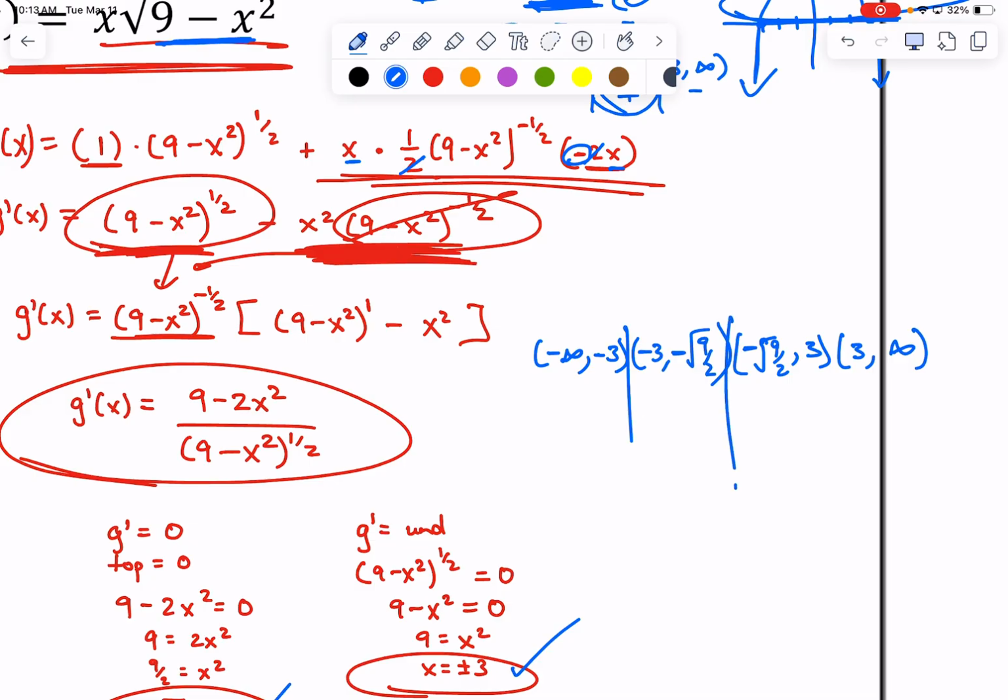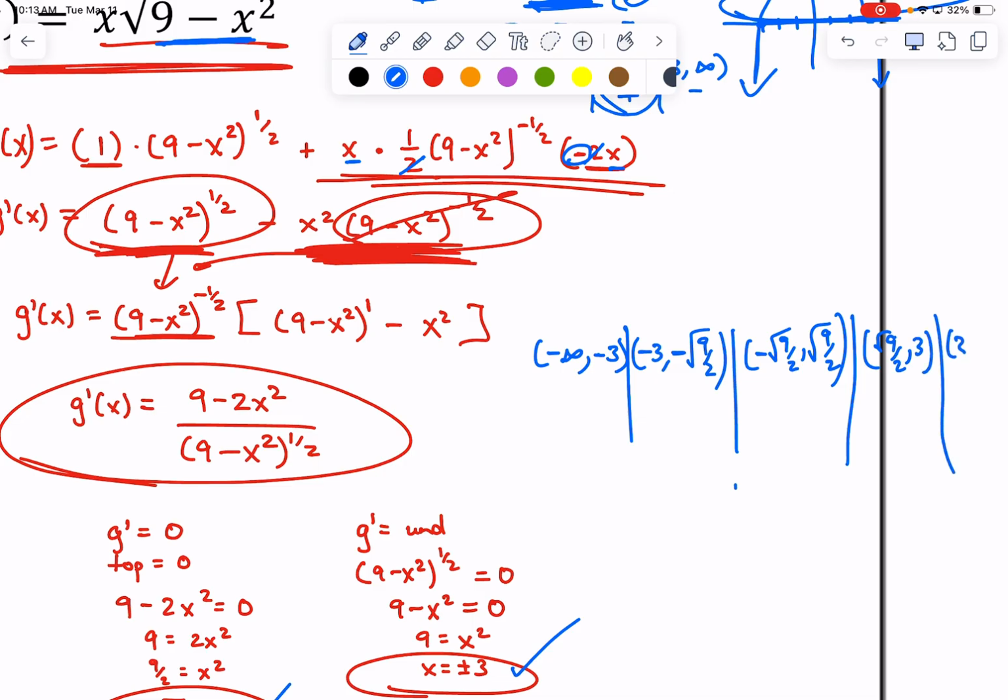Oh, I missed it. See, I was asking you guys. You guys didn't help me. All right, here we go. I missed one. So root 9 halves to what? Positive root 9 halves. Then what? All right, there's 5 intervals.